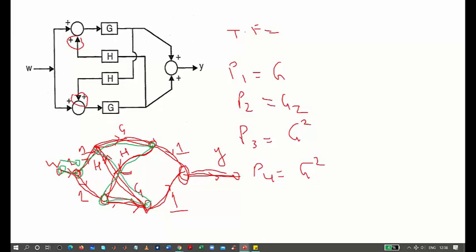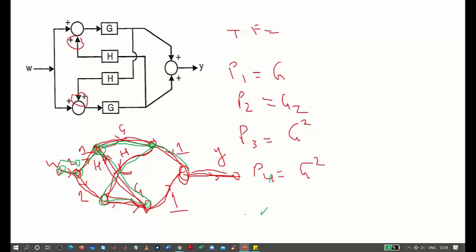If you try to take this movement as a path, it doesn't qualify as a path because you reach a node twice. So this node will be traversed twice if you go in this direction, as well as this node. So this doesn't qualify as a path. So you have only 4 forward paths in this case, and now you'll have to identify delta.